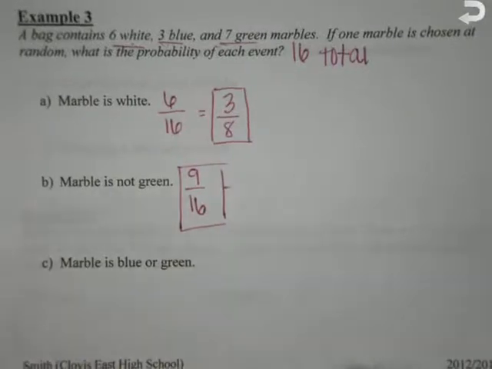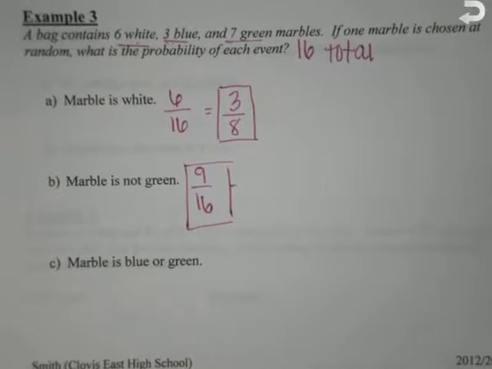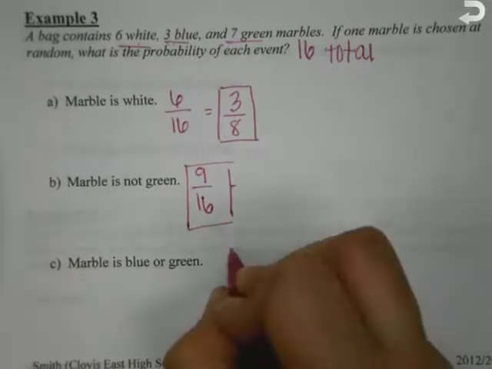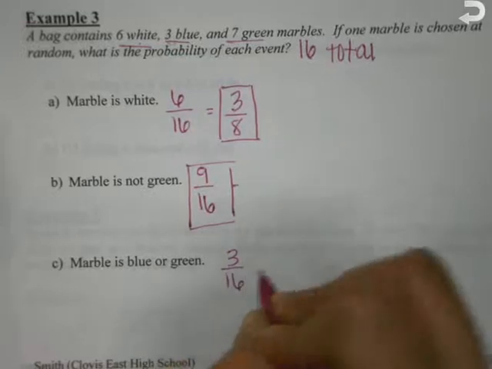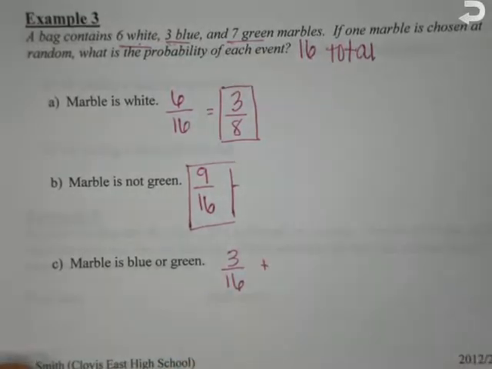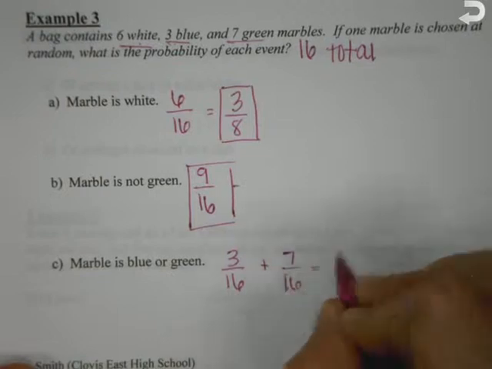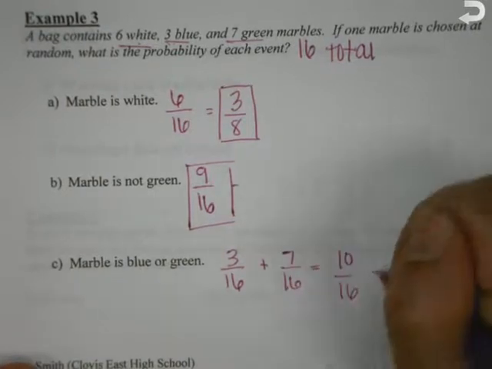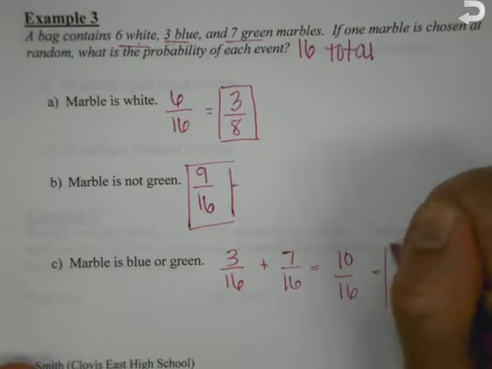Let's look at blue first. The probability that the marble is blue is 3 out of 16, and the probability that the marble is green is 7 out of 16. So that comes out to 10/16, which does reduce to 5/8. That is the probability of a single event. That's it.